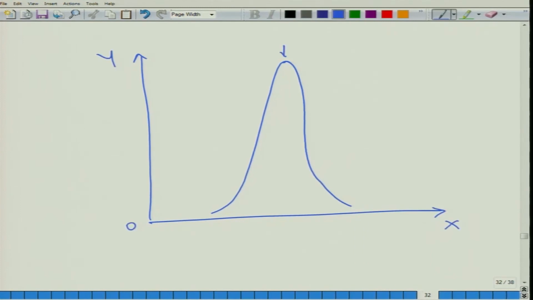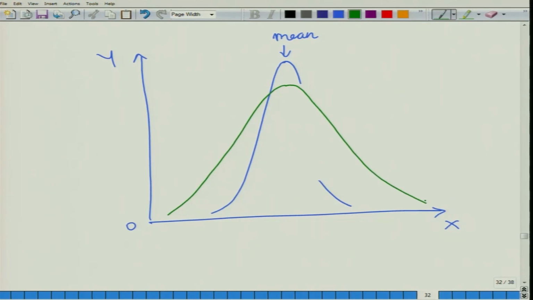Now this distribution has a mean here. Now consider another distribution that goes like this. Both these distributions have the same mean.